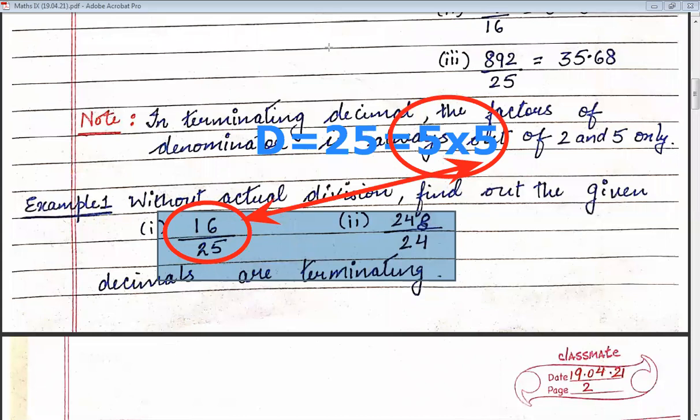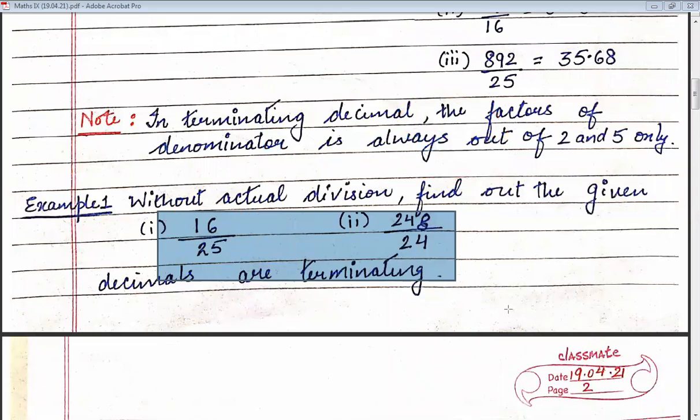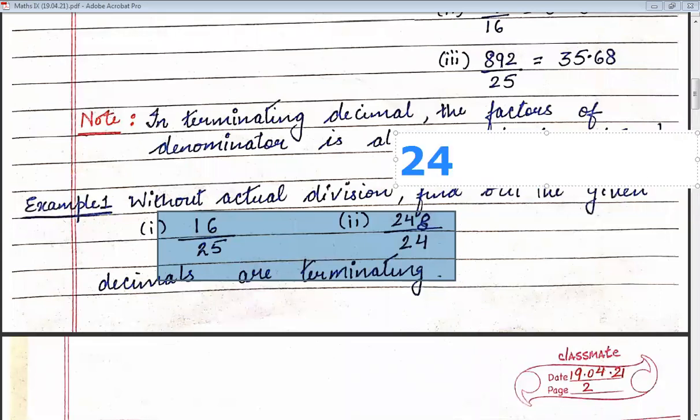Okay, children. So now let's have a look at the other one. It is 248 upon 24. Can you tell me which one is the denominator here? Your denominator is 24. Now let's convert this into prime factors. It is 2 into 2 into 2 into 3.